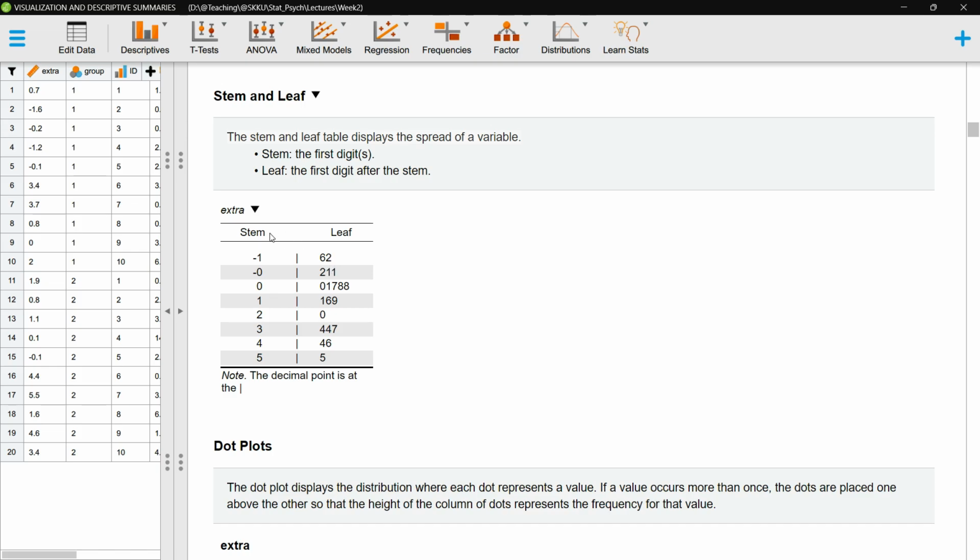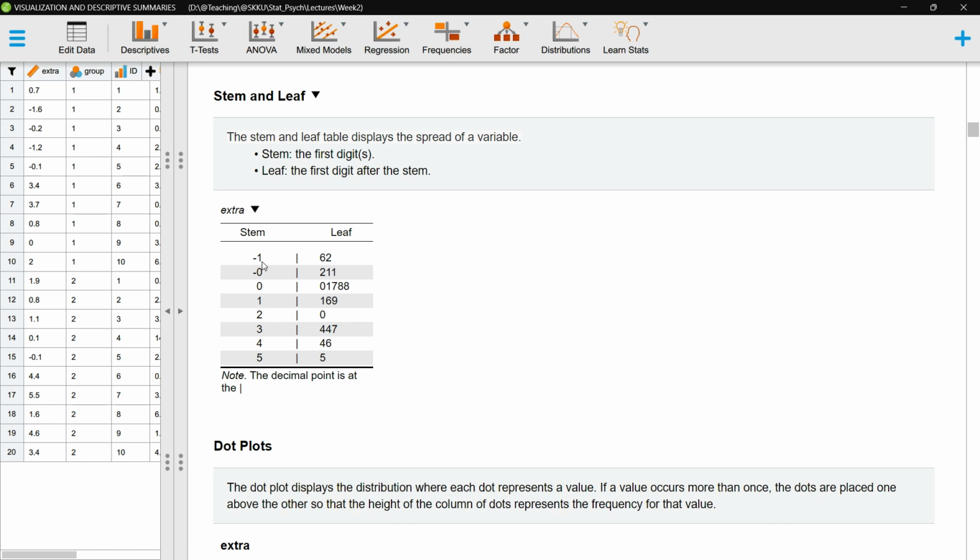For example, we have 2 columns, the stem column and the leaf column, and each leaf is one observation. So we have 2 observations in the first row, 3 in the second row, and so on. In total we have 20 leaves because we have 20 observations.